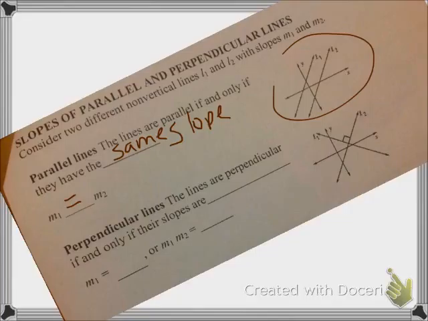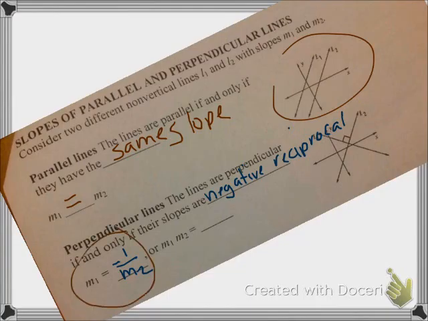Now for perpendicular lines, the lines are perpendicular if and only if the slopes are negative reciprocals. Now please keep in mind that reciprocal is when you flip something around. So basically what happens here is M1 equals -1 over M2. So when you multiply these two together, it should give you a -1. A quick example would be 2/3.